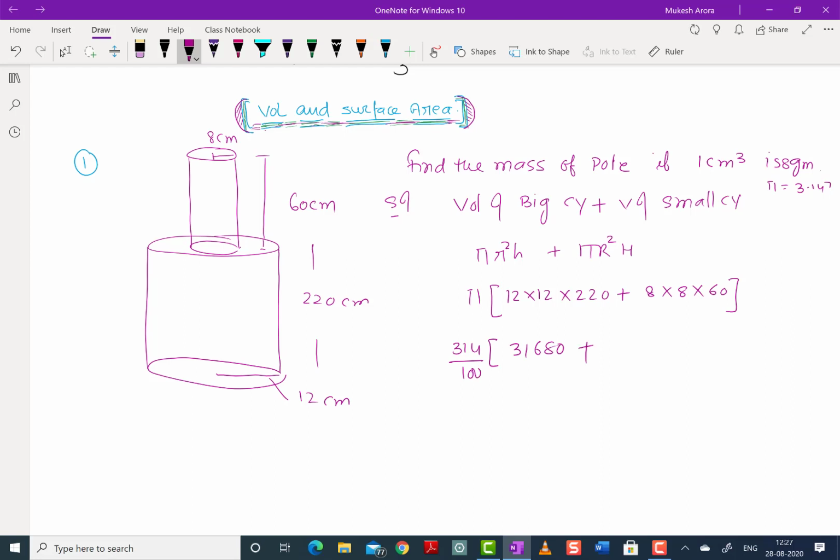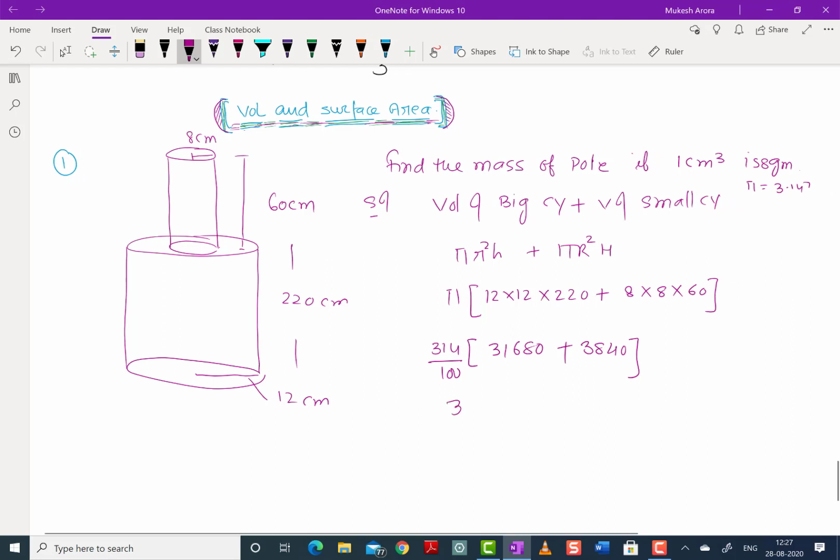Plus 3840, plus that will be 314 by 100 into 35520.